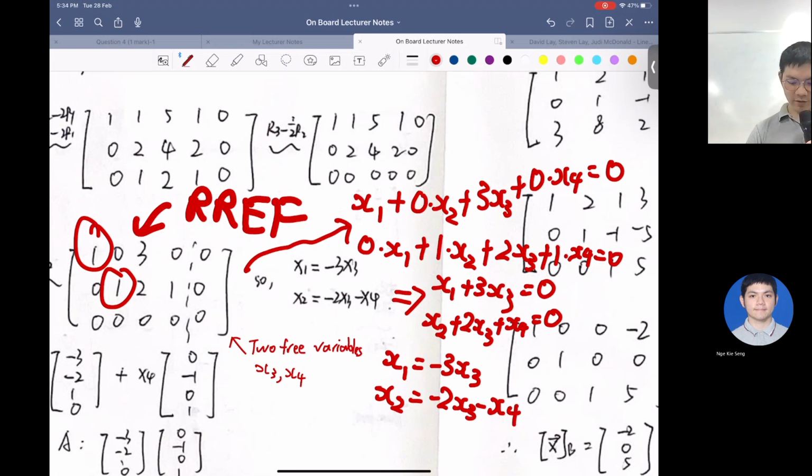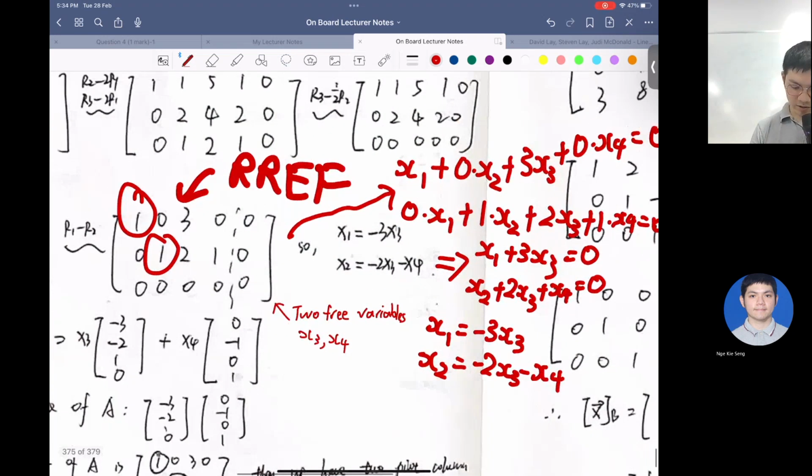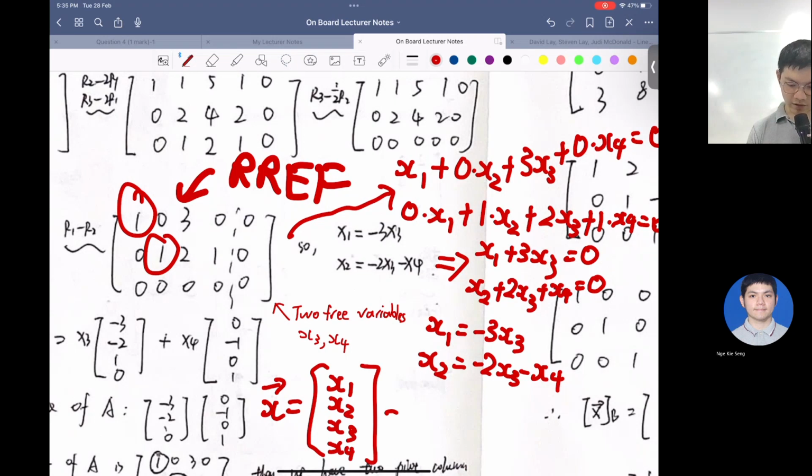Only from here, you transform into the x solution. So the x solution is x1, x2, x3, x4. x1 we already computed is minus 3x3. x2 is minus 2x3 minus x4. x3 is x3. x4 is x4.